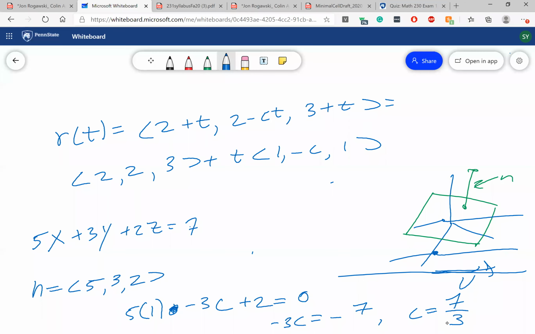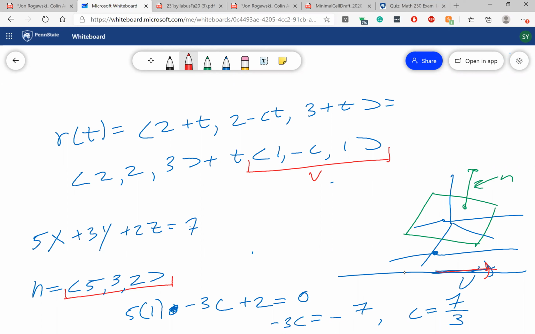Yeah? Can you explain where you got those numbers again? Yeah, you're taking the dot product between this vector v and the normal vector, because you want them to be orthogonal to each other.